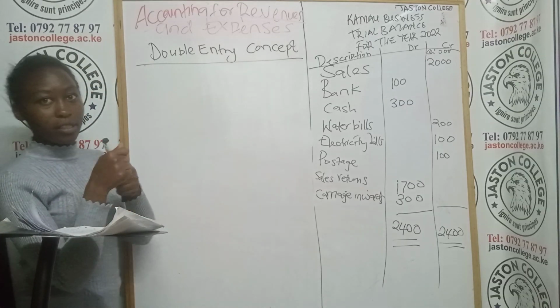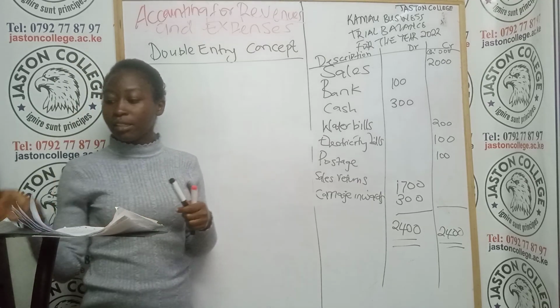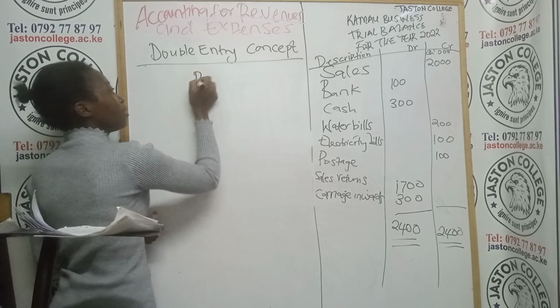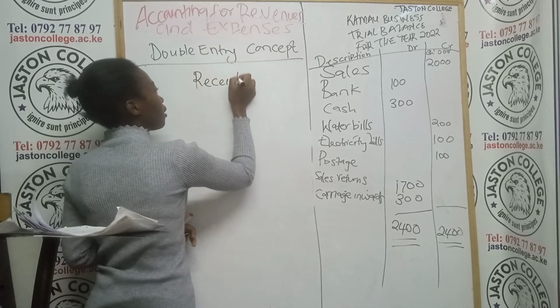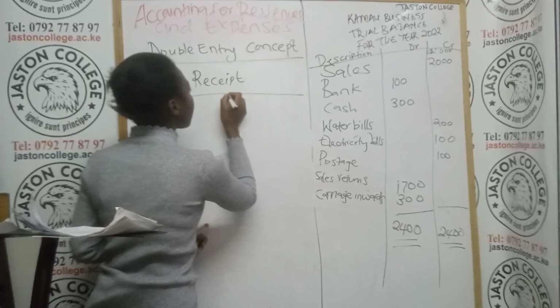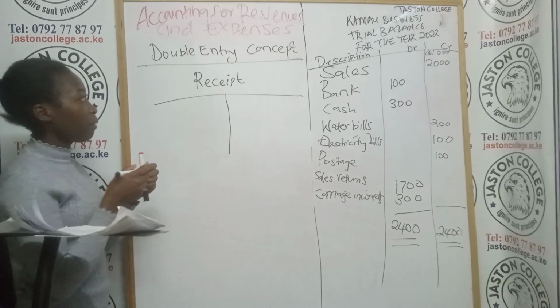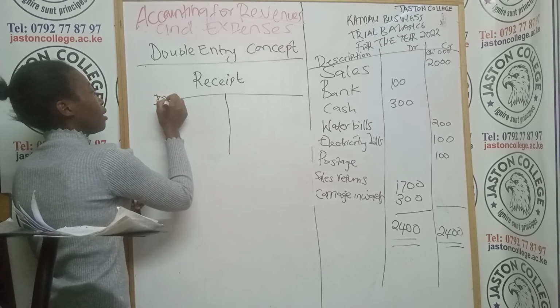Let's say we have a receipt. We have a receipt of our business. Our customers came and they paid us from the bank.